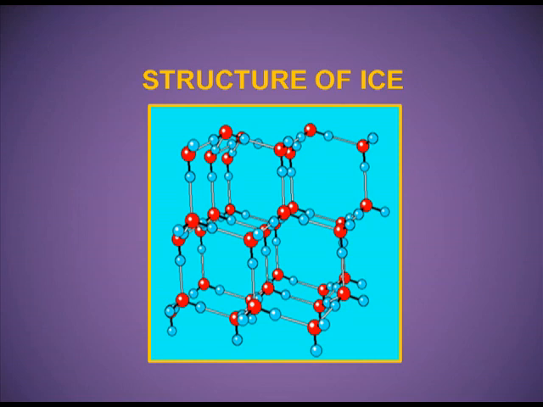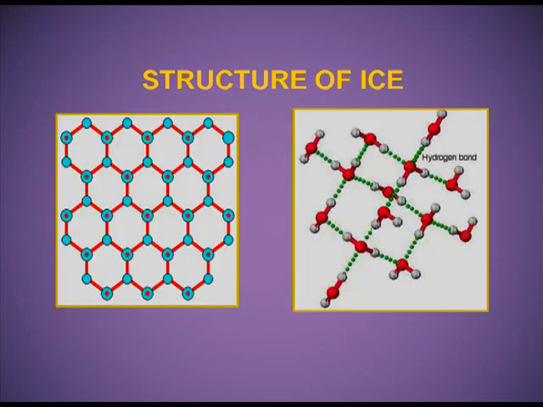This is the structure of the ice you can see on the slide. You can very well see the open spaces, the cages or the vacant spaces responsible for the lower density of ice as compared to water. This is again a figure showing the extensive hydrogen bonding.